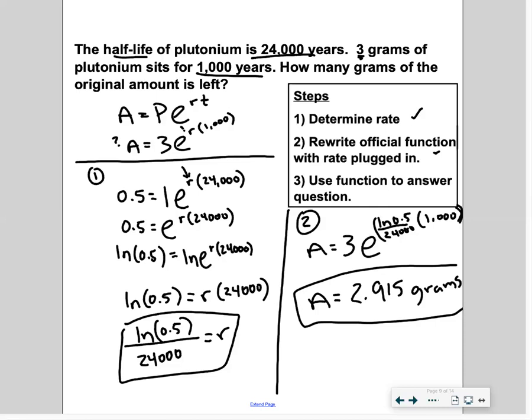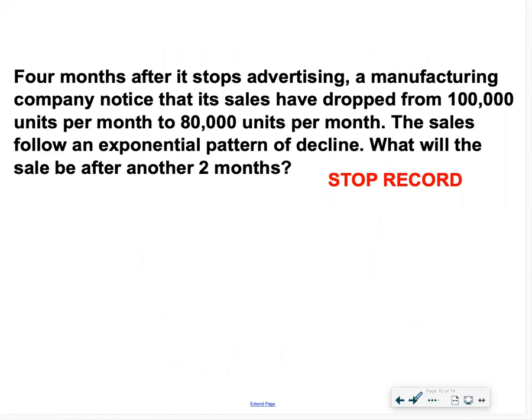Okay. Any questions? Do you guys at least feel comfortable using this equation? You guys have used this before, right? Yeah, okay, good. All right, when you're ready, I'll flip the slide. We'll do our last one. Again, I'll give you a minute or so to write the problem down. This one's a little bit longer.